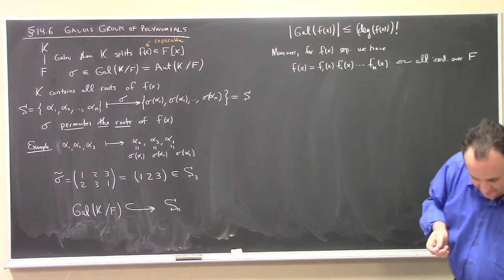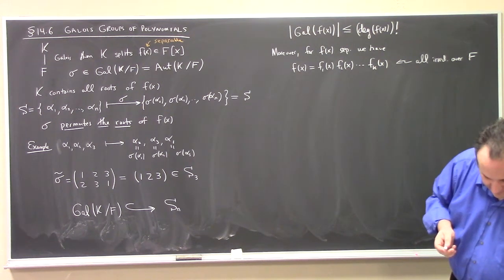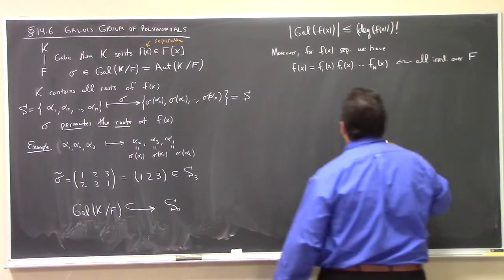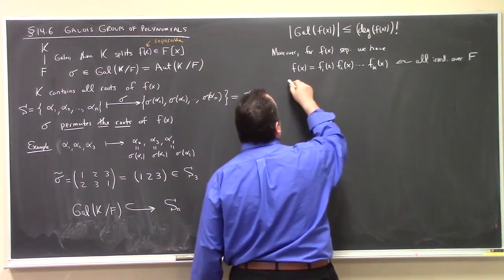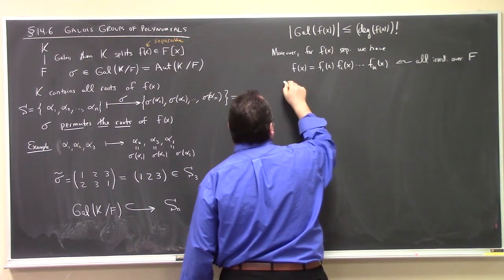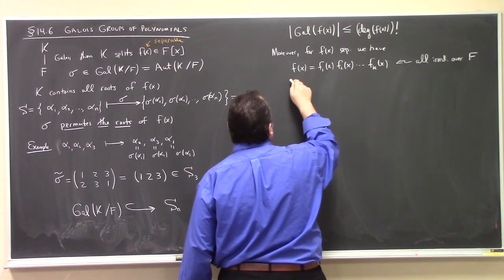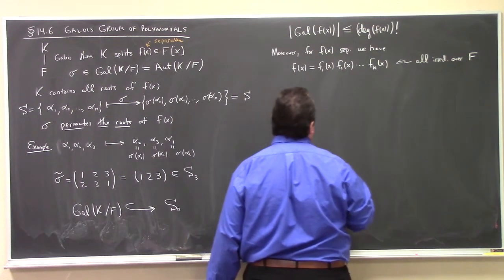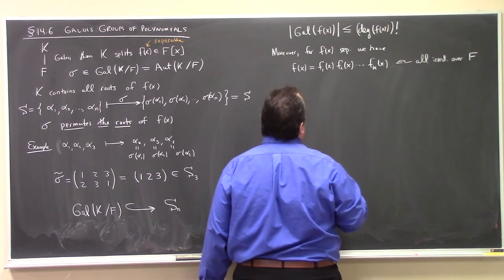What more can we say? He says, since the Galois group permutes the roots of irreducible factors amongst themselves, that's the other thing. I don't want to introduce a notation for it, but I guess I need to.